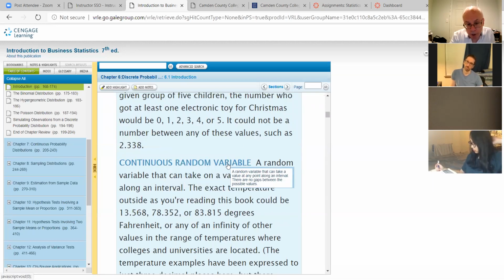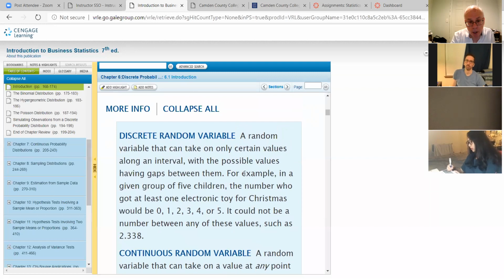Now, with continuous random variables, we don't talk about probabilities at any particular point because we have an infinite number of points in an interval, and therefore the probability at any one of those points is considered to be 0. There's no probability associated with any point along a number line if we're dealing with a continuous random variable.